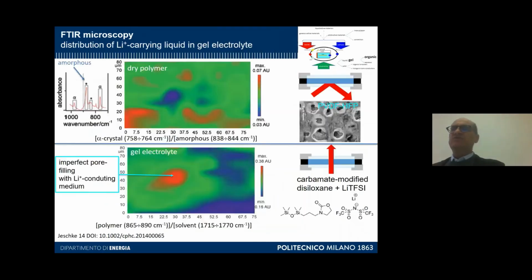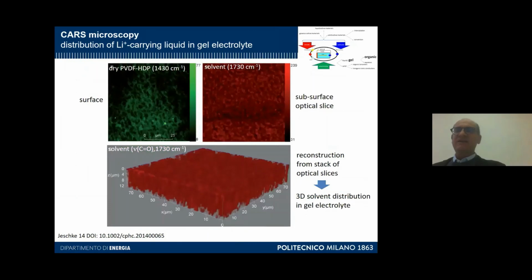Moving now from liquid to gel electrolytes, FTIR microscopy, by mapping at appropriate combinations of vibrational frequencies, allowed to map crystalline and amorphous domains of the pure polymeric framework and to quantify pore filling by the lithium-containing solution. Similarly, CARS microscopy enabled mapping the solvent distribution in the three-dimensional structure of the polymer framework.